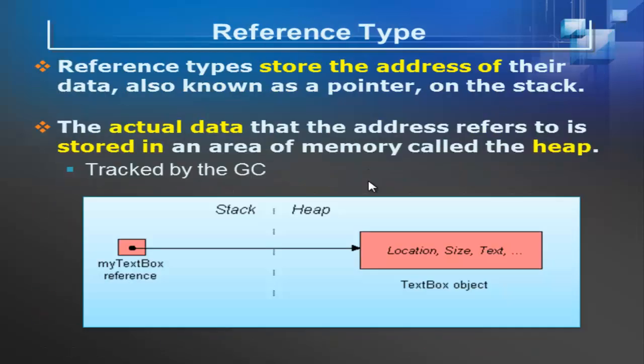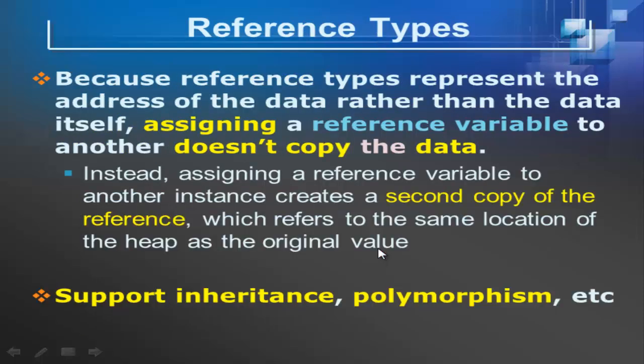Let's go to the next part, and that's reference types. Now, what is the difference between value type and reference type? In a reference type, there is a pointer that points to the actual location. So what is there in the stack is a pointer that points to the other side, the heap. Because it's a pointer, you know very well a pointer can be assigned the value null, so it is perfectly alright.